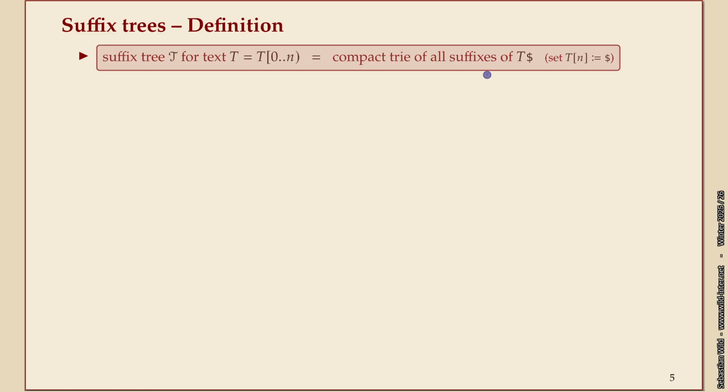So you take the text, every possible starting position, and you read from there on till the end. Here, and for all of this chapter, we'll always assume the end of the text is marked with this end of string symbol $ that doesn't occur anywhere before. And so we start with a text that has n characters, 0 up to n-1, and then the nth position is set to this $ symbol.